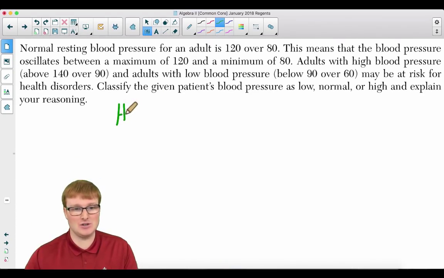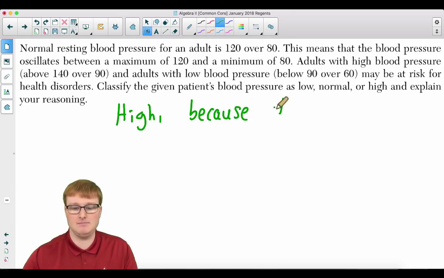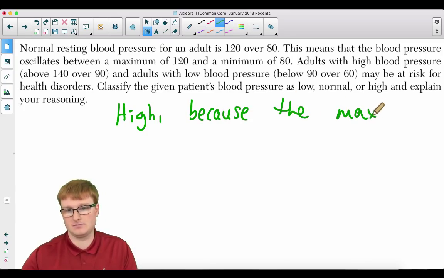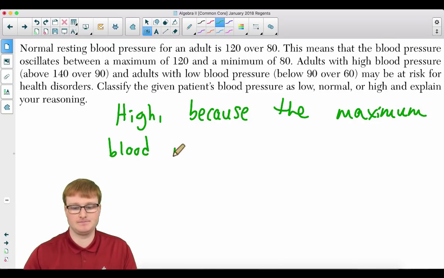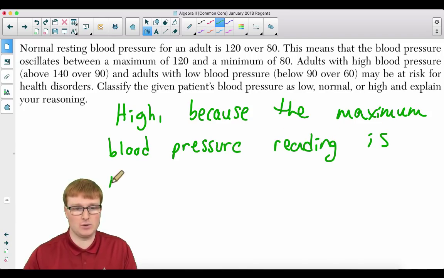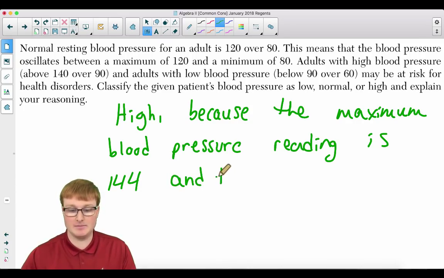So your answer is actually going to be high because the maximum blood pressure reading is 144. That's just from the given diagram that I showed you before.